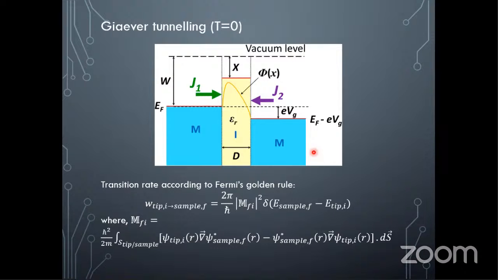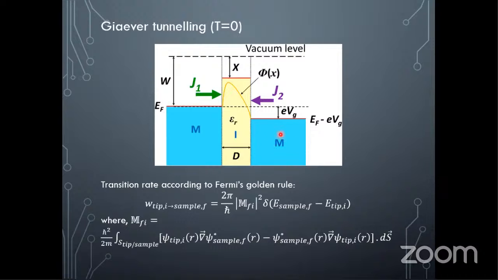Now, to actually grasp the picture, let me tell you that on the left side, suppose this is my tip, and this is the Fermi energy for the tip. The sky blue region is where the electronic states are filled, up to this red line here, up to the Fermi energy.